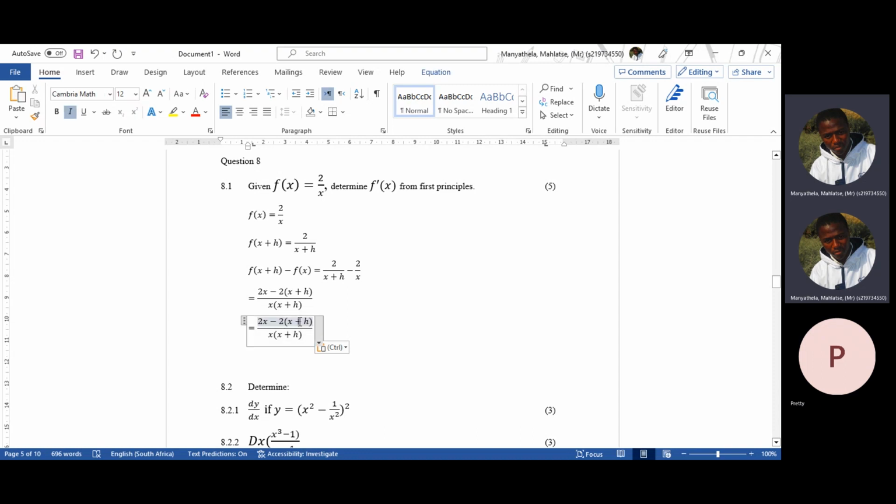We're just simplifying. Once you start deriving, you're going to introduce the limit. So 2x minus 2 times x, which will be 2x, and then minus 2 times h will be minus 2h.